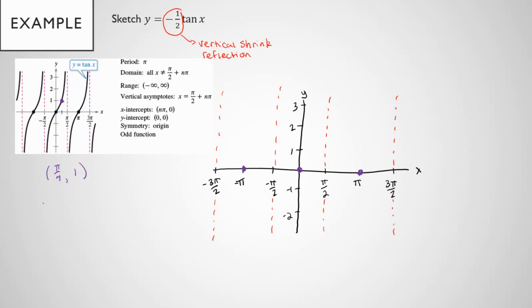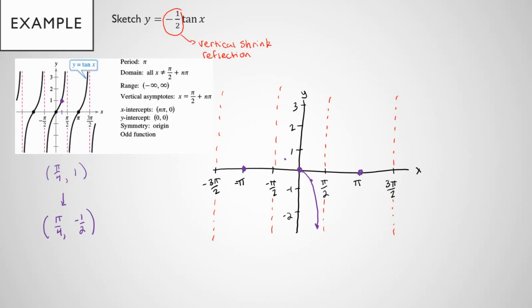Because we have that -1/2, that happens to the y value. So now we're going to have pi over 4, and then you multiply 1 by -1/2 and use that as a value to graph. So at about pi over 4, I'm going to be at about -1/2. And so that's where my reflection comes in.